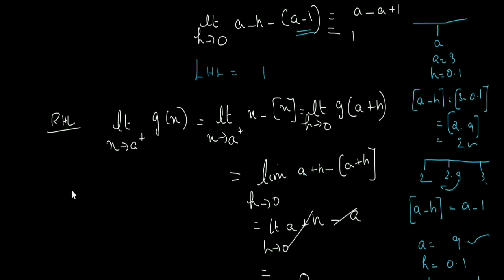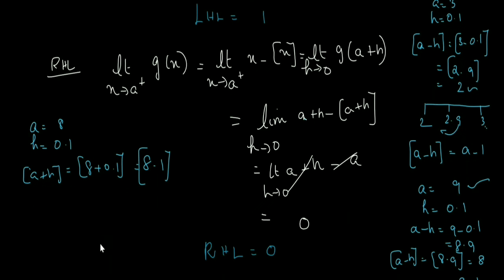Now what happens to the right side? Suppose a is 8 and h is 0.1. What is a plus h? That is nothing but 8 plus 0.1, that is 8.1. What is the greatest integer of 8.1? You know that 8.1 lies between 8 and 9.